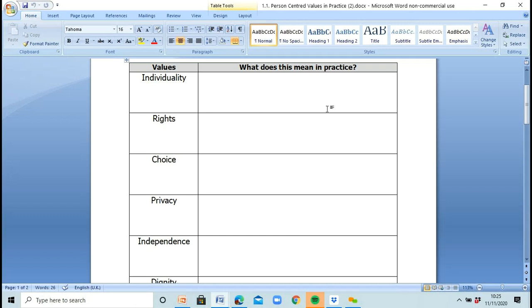So get those done if you can, and this will work towards your answer on 1.1, so you can cut and paste this into your assignment later on once we talk about it in the brief next Wednesday. That's fantastic. I'm going to turn the recording off.